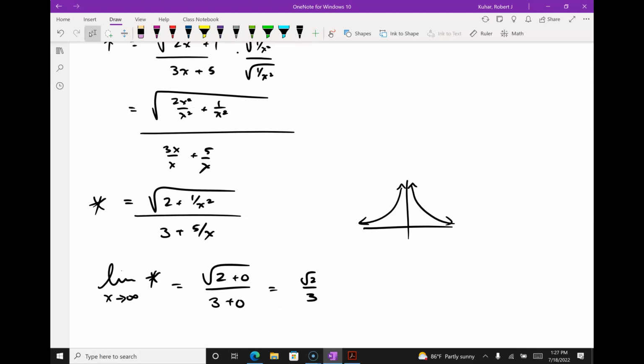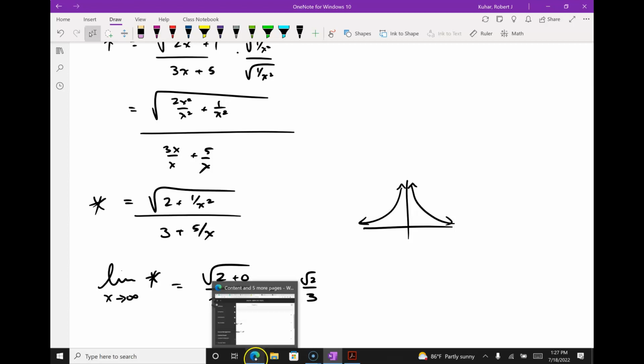That's it. That section is that easy. It really is that easy.